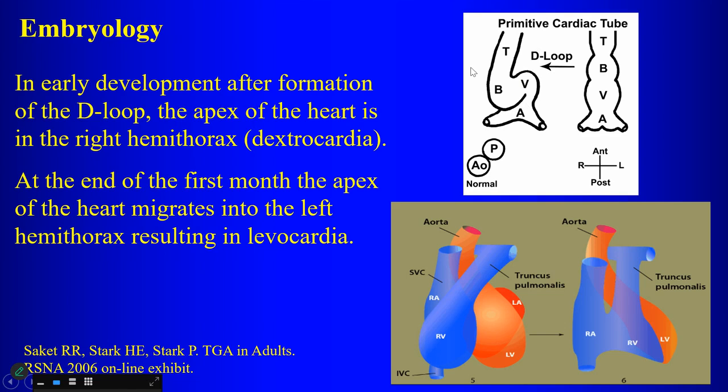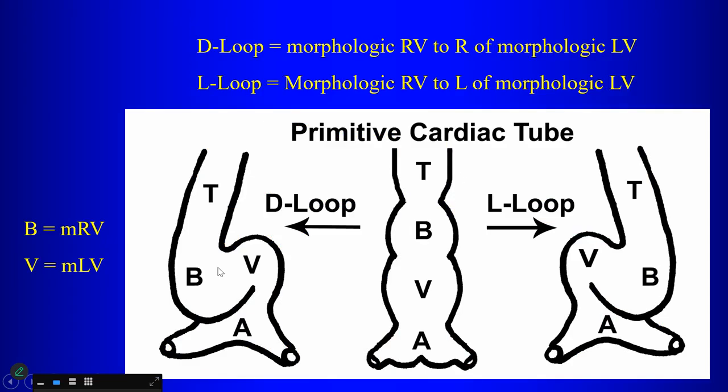The apex is on the right side. What happens, though, is that at the end of the first month, the apex then moves into the left hemithorax. It migrates to the left, and that's why we wind up with the cardiac apex on the left side, or levocardia, that normal appearance of the heart. Okay? So this is important when we talk about cardiac malpositions, how this happens.